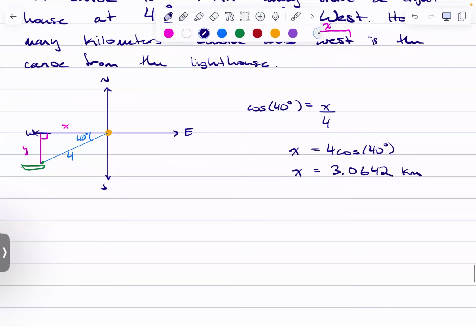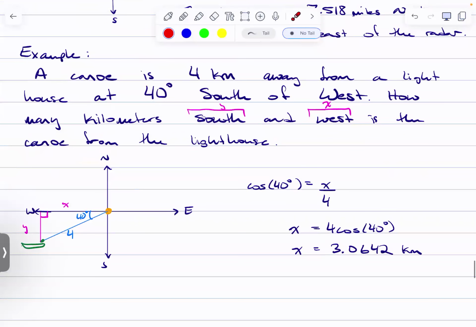Of course, this x is in the negative direction, so if you were mapping it, you would say it's negative. But because we're talking about east and west, it would be 3.0642 kilometers west of the lighthouse, so we can drop the negative.